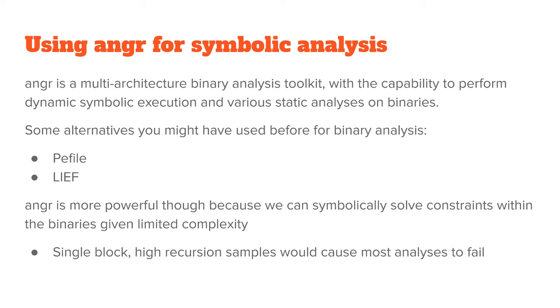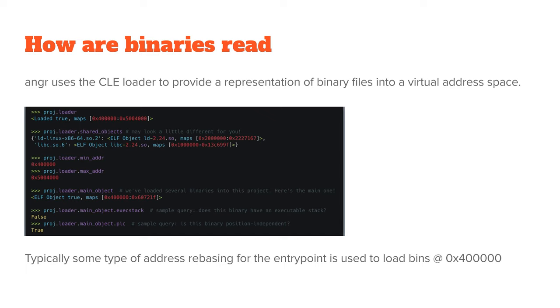If you have something that's a single block high recursion, where it's just repeatedly recursing through itself or another block, you're going to hit memory limits for what angr is able to model and then solve for. So that's something you have to keep in mind when you do it.